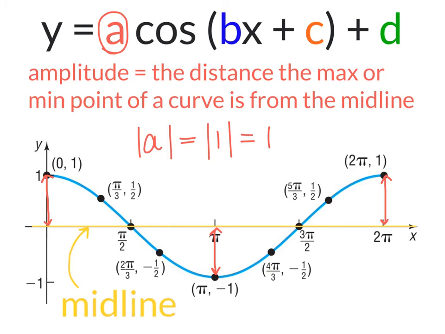But the distance from the midline on a standard graph is still 1, much like the sine curve, because the distance from the midline to the maximum here are both 1, and the distance from the midline to the absolute minimum is also 1. So keep in mind that your midline, the distance to the max or min, has to be the same value. So if they're not, for whatever reason, rethink your midline. Just a tip.